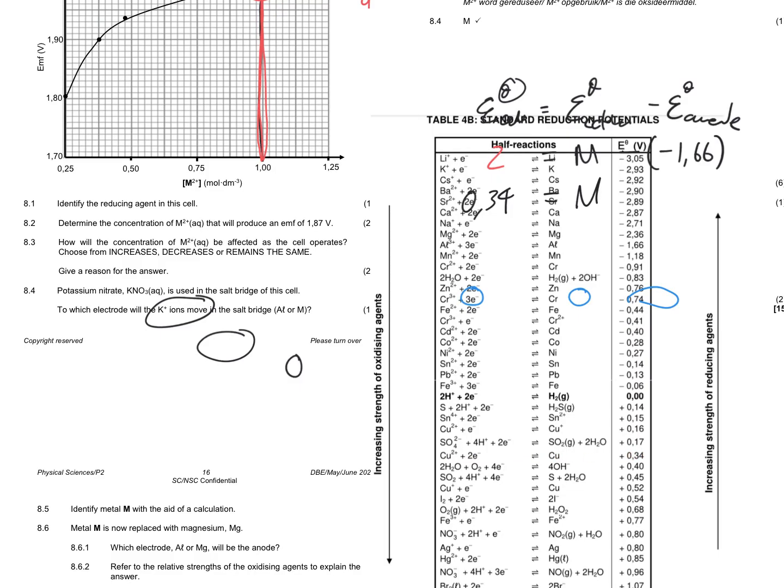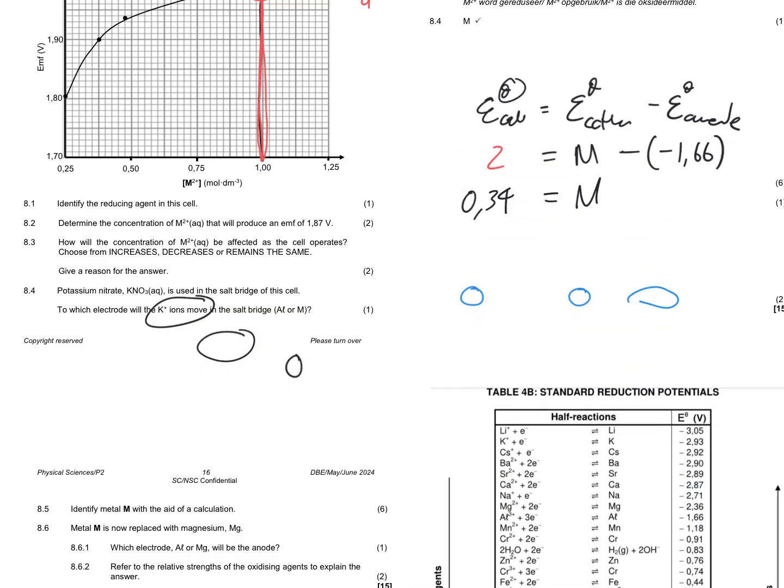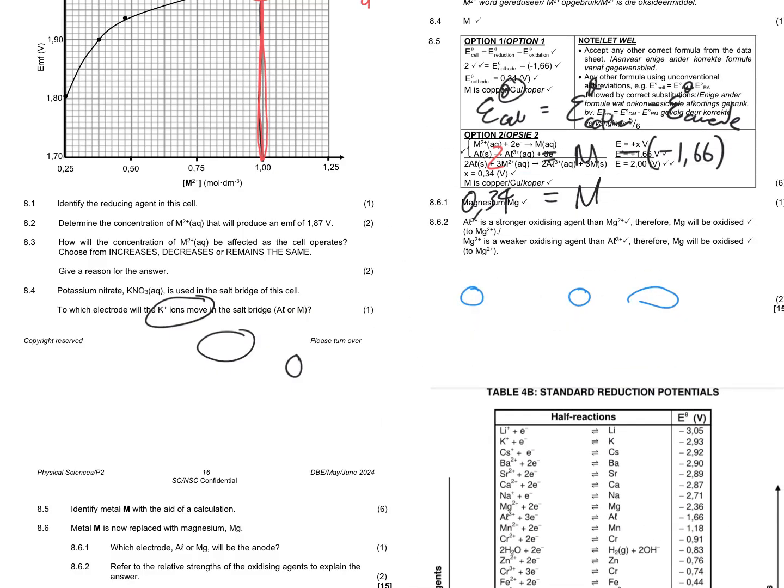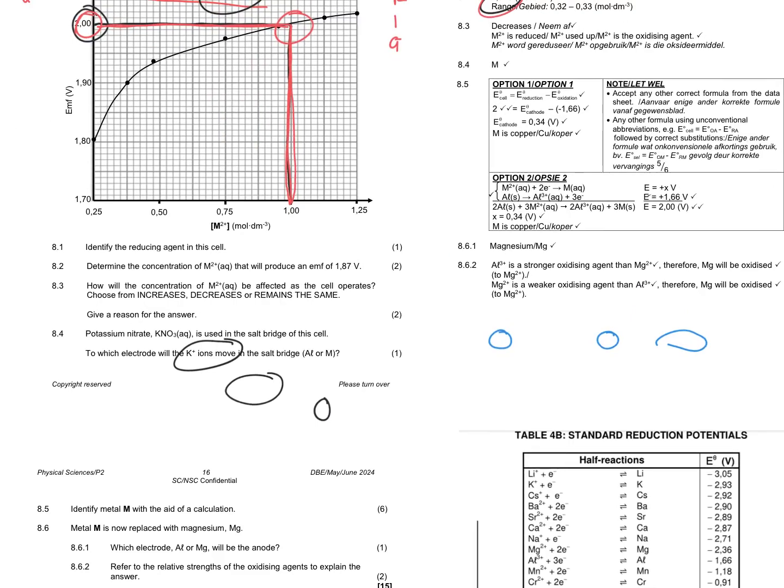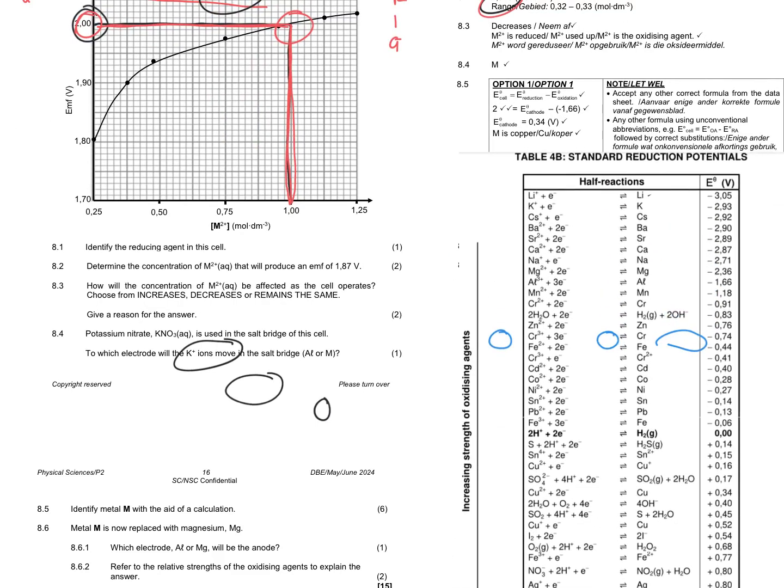So M is copper. I'm going to try and stop moving this around because it doesn't seem to be working. But anyway, M is copper. And so we can see here, if I just uncover this part, there's the calculation that we did, and you get 6 marks for that. You get 2 marks for calculating that it's 2 by just reading it off the graph, and you get that M is copper.